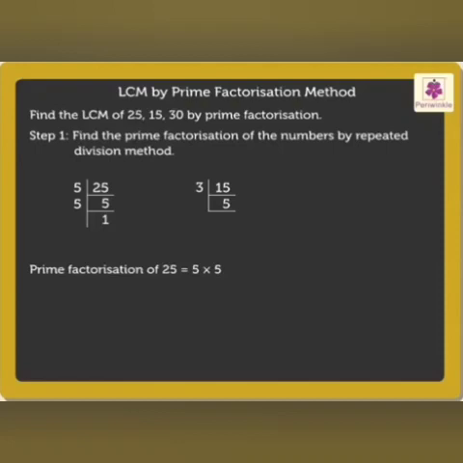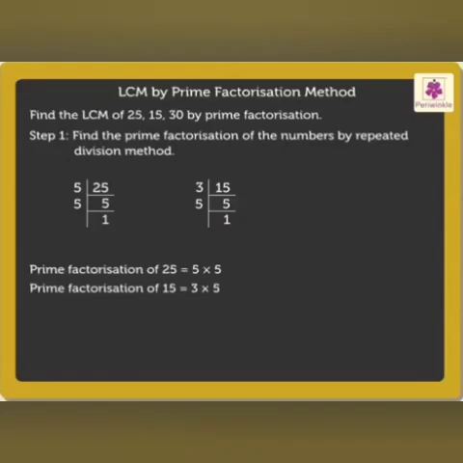So, the next smallest prime number which can divide it is 5. Therefore, we divide 5 by 5, which is equal to 1. Here we got the quotient as 1. So, we get prime factorization of 15 as 3 into 5.